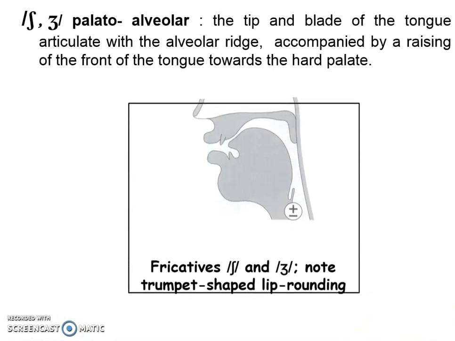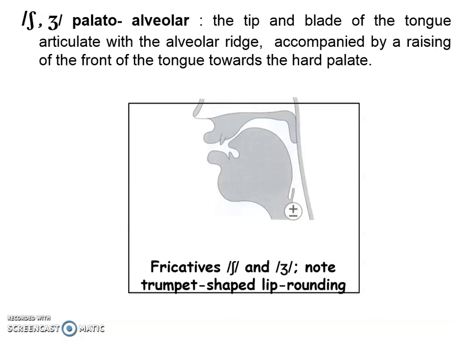Sh, zh. They are palato-alveolar. As you can see, they are articulated just like ch and j, because ch and j are palato-alveolar too. But they are different in the manner of articulation. Why?